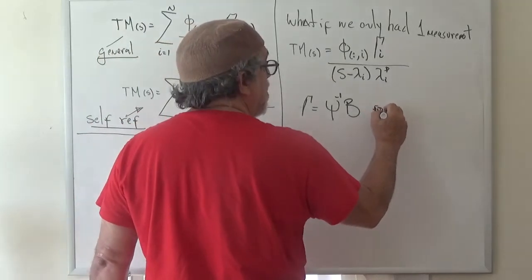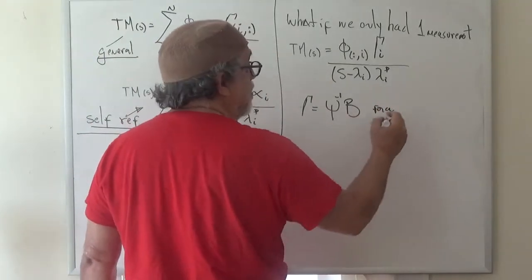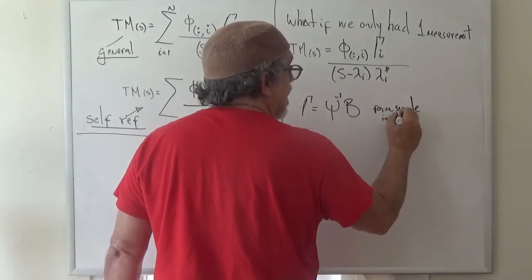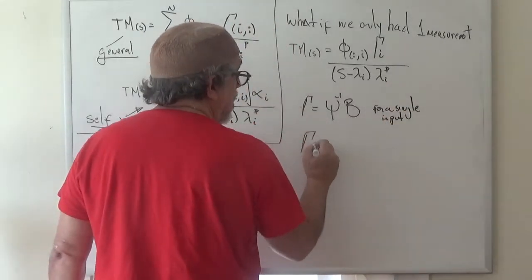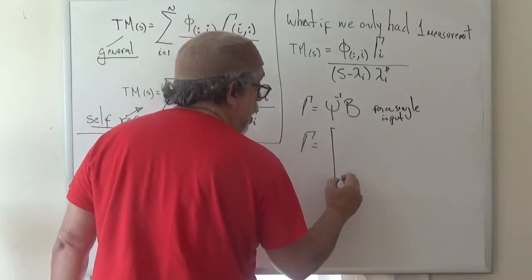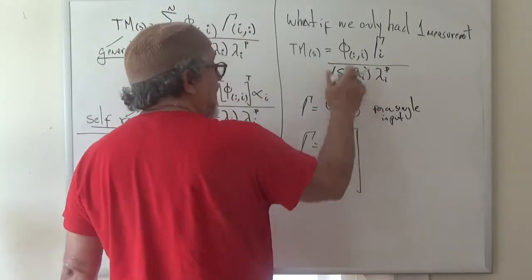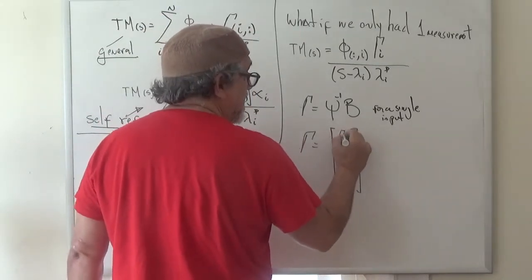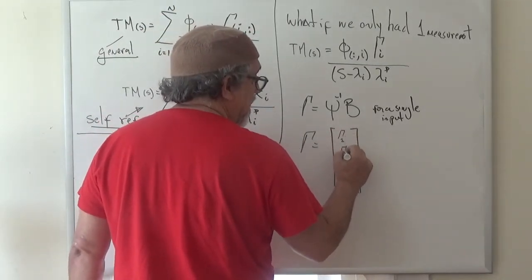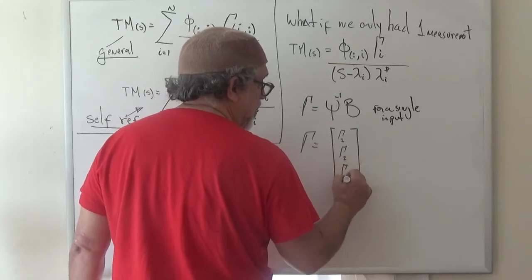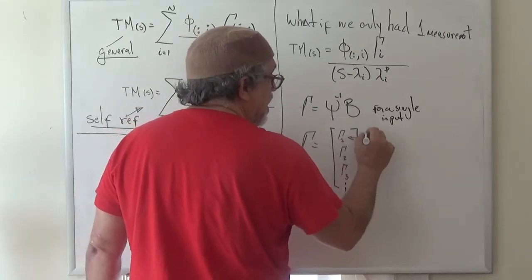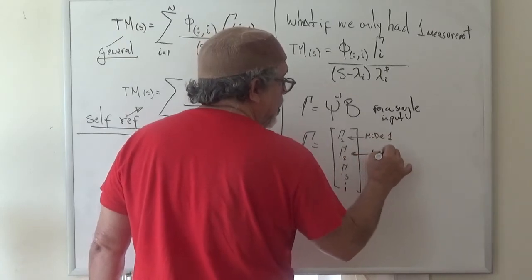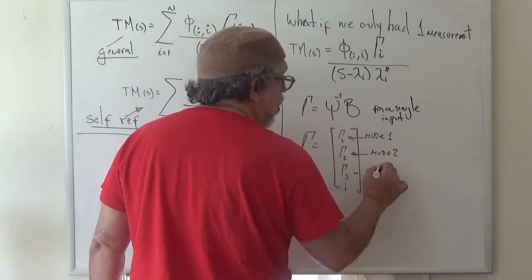So for a single measurement, for a single input, tau is equal to just one column, right? Because B is one column, you just only have one input. And so the first entry is tau 1, the second entry is tau 2, the third entry is tau 3, and so on. This is for mode 1, this is for mode 2, and so on, right?